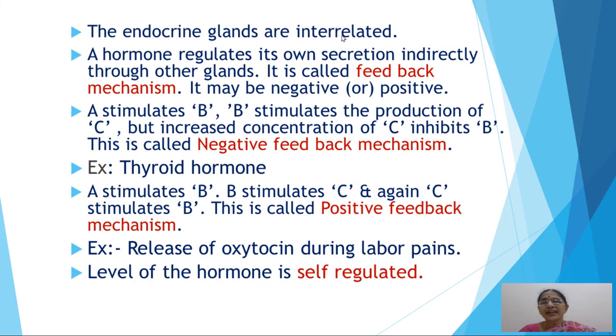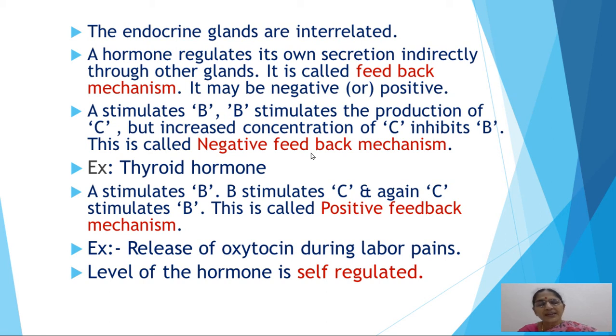The endocrine glands are interrelated. We have seen so many endocrine glands in the first picture. So all of them are interrelated. A hormone regulates its own secretion indirectly through other glands. It is called feedback mechanism. It may be negative or positive. Here, A stimulates B, B stimulates the production of C, but increased concentration of C inhibits B. This is called negative feedback mechanism.